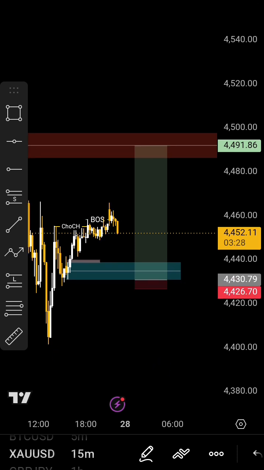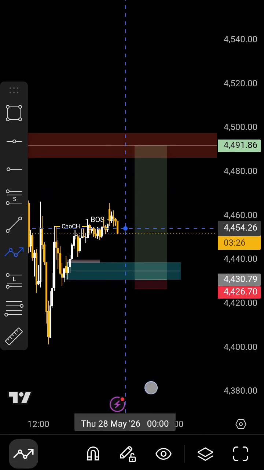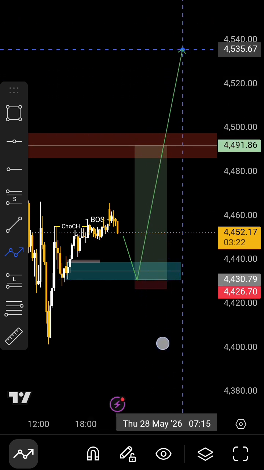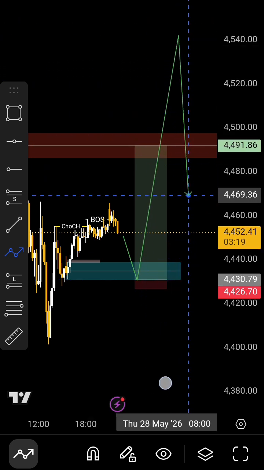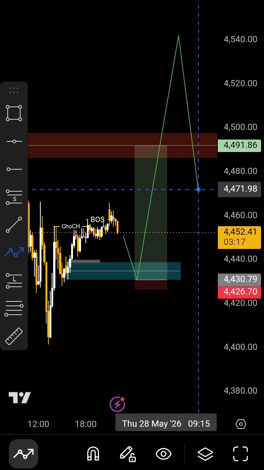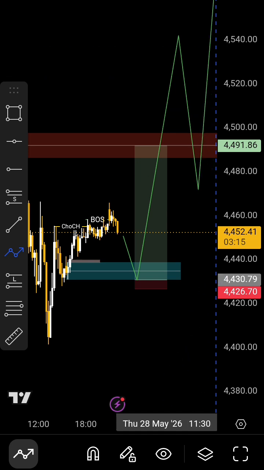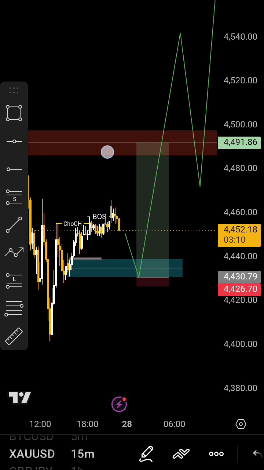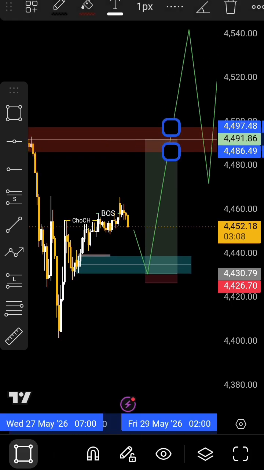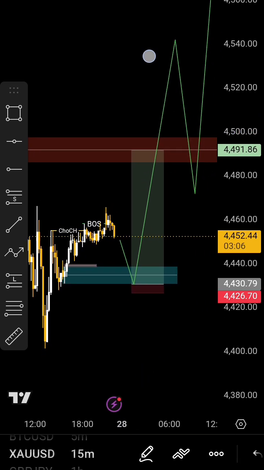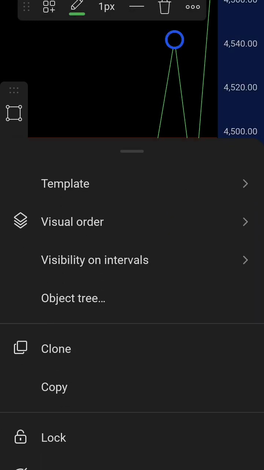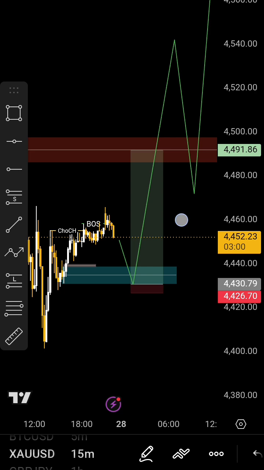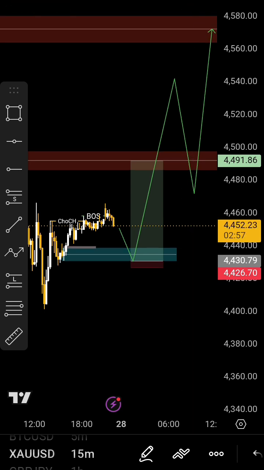So what I mean by that is this: even if price does this and it breaks above this, right, it will definitely do this and then come back here, something like this, before it will continue again, right? So even if our TP is here and it ends up breaking it up here, it will always come back here. That will end up giving us another entry again into the upside, right?